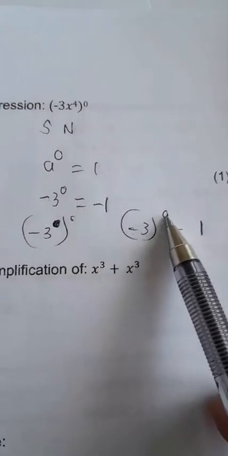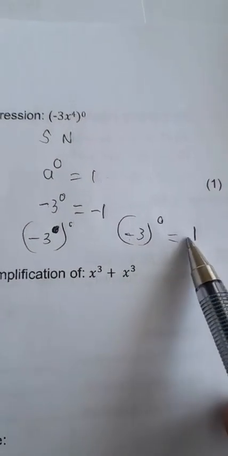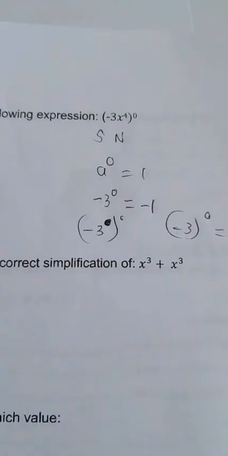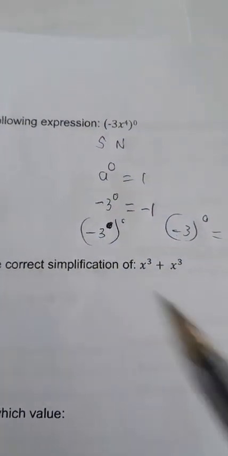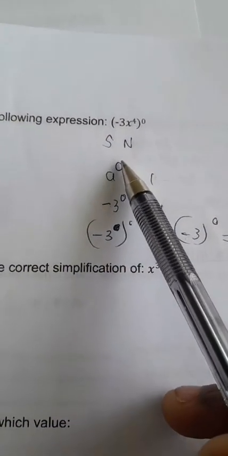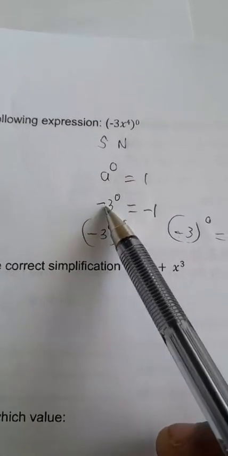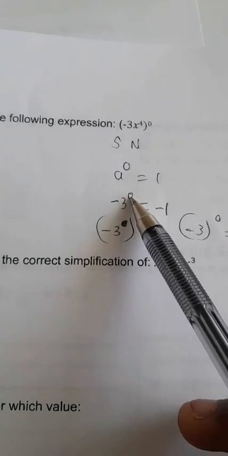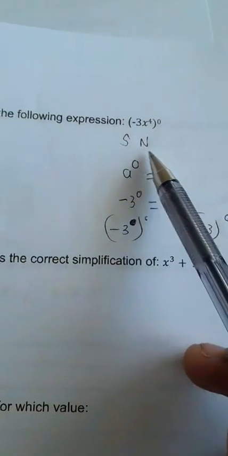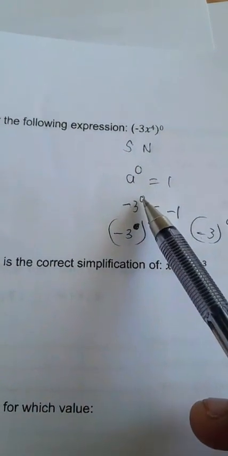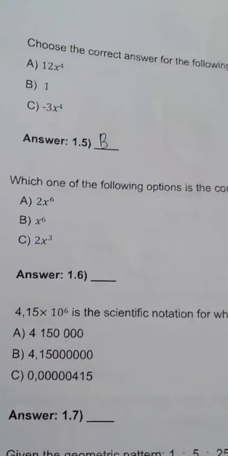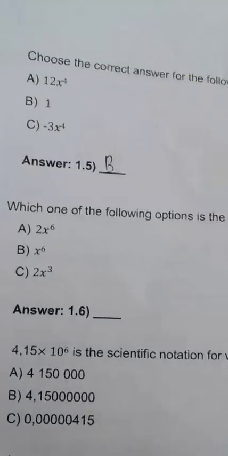And then 3 to the power 0 obviously is 1. So that's why we have a positive 1 here. So that's something we all need to be very clear about when it comes to a base raised to the power 0. We must check, where is the 0 exponent applying to? Is it applying to the sign and its number, or is it applying to its number alone? I'm just going to leave that there so that you guys can allow that to stew. Let's move on to the next question.